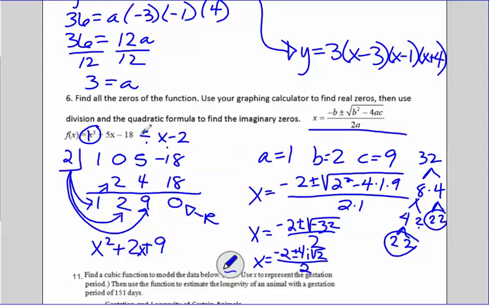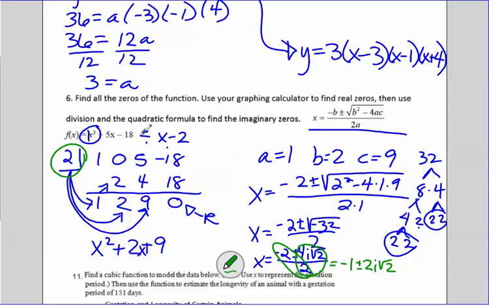Still divided by 2. Next, I need to divide both parts of this complex number by 2. So I'm going to have negative 2 divided by 2, that's negative 1. And then 4i root 2 divided by 2 is plus or minus 2i root 2. So I have one real solution, that's the one that I found by graphing.